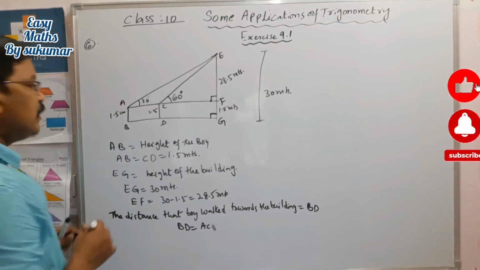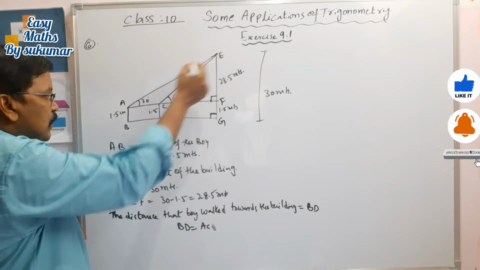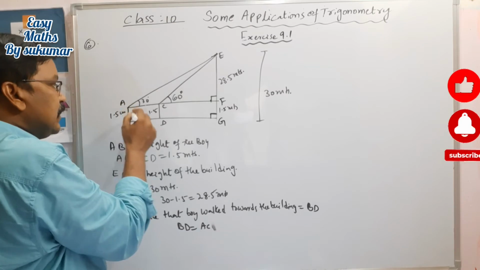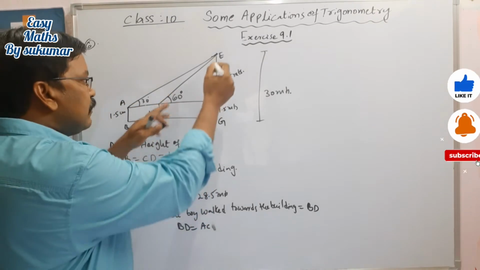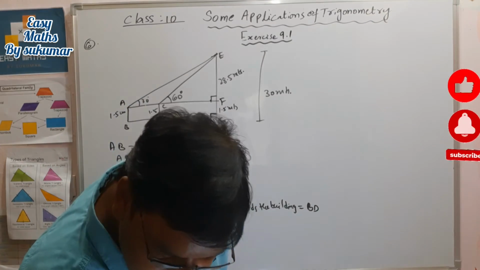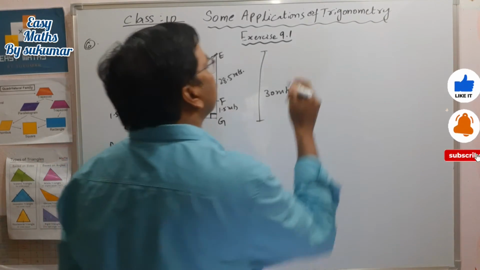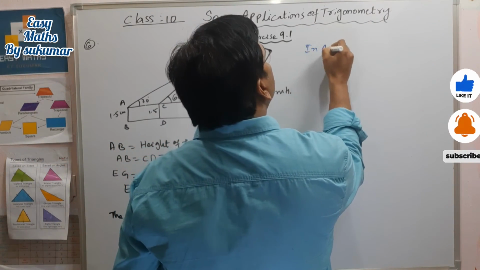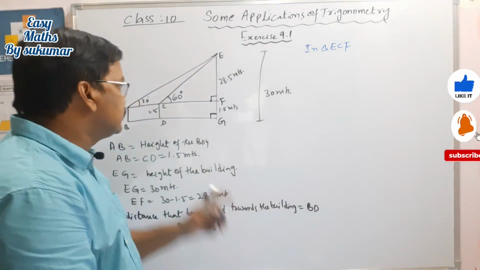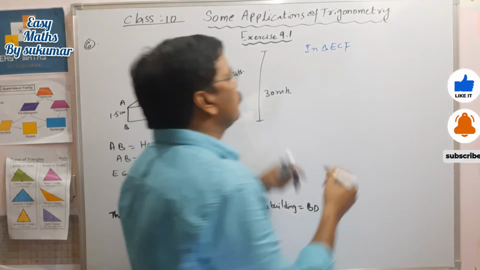Now, my dear students, I will take two triangles here. First triangle is ECF, and the other triangle is EAF.